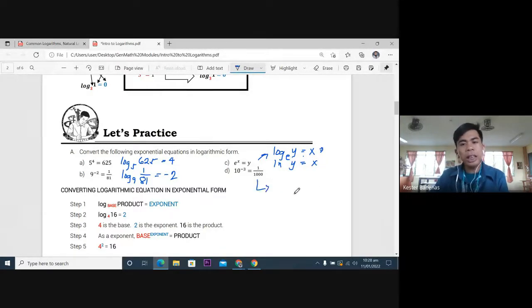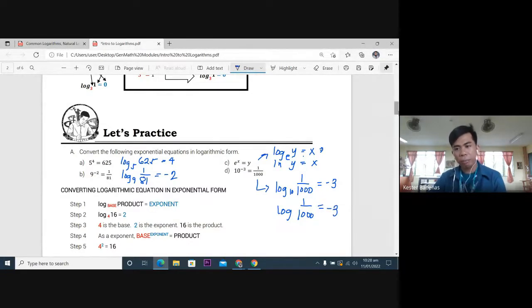For letter D, that would become logarithm of 1 over 1,000 with the base 10 is equal to negative 3. We can omit the 10, since it is base 10 anyway. So it becomes logarithm of 1 over 1,000 is equal to negative 3.